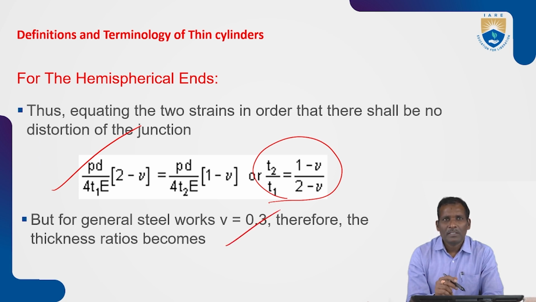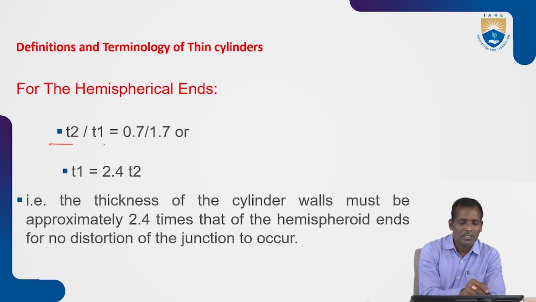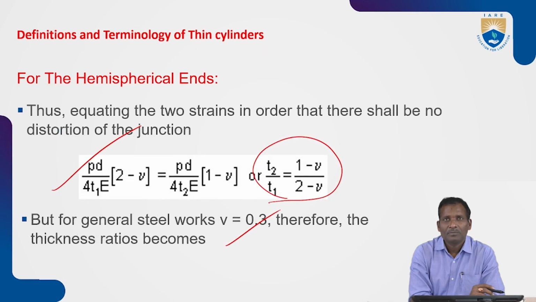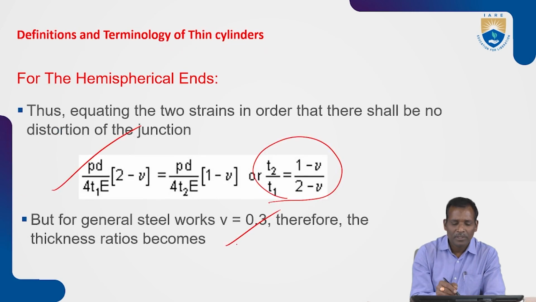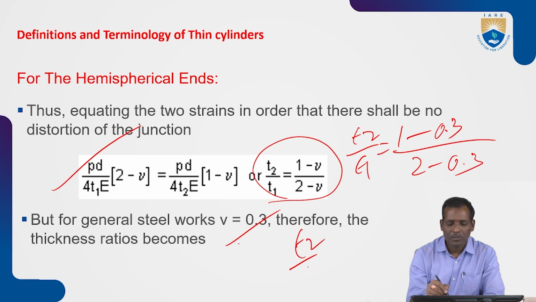Therefore the thickness ratio T2 by T1 is equal to (1 minus 0.3) divided by (2 minus 0.3), so T2 by T1 is 0.7 by 1.7.